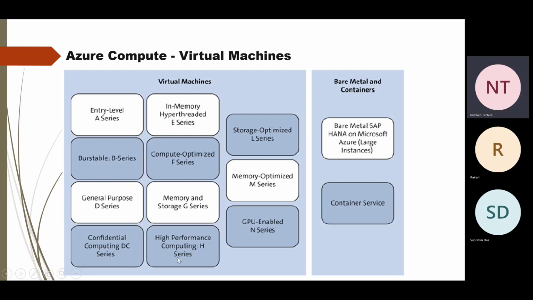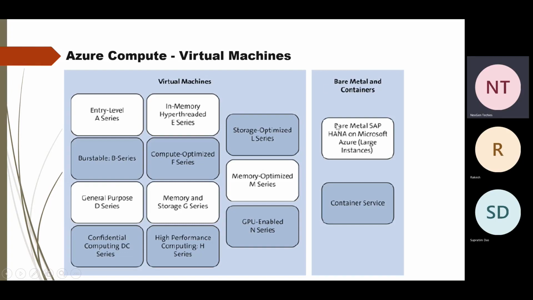So these are the types of VMs we choose for SAP installation. And then we have bare metals and containers. Containers are not in our scope; we don't use containers in SAP. We use bare metal.